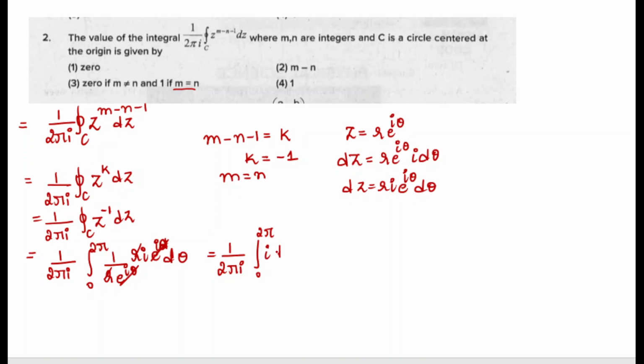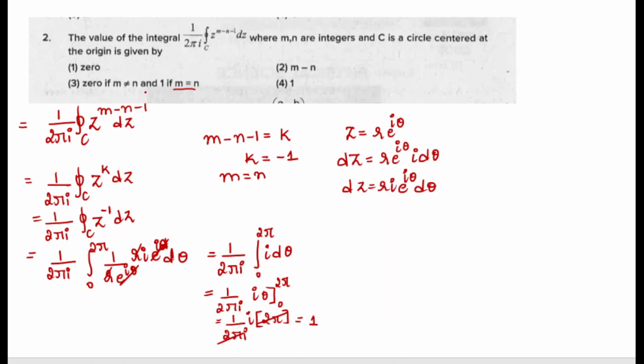If I integrate, I get 1 divided by 2 pi i into i theta, substituting the limits 0 to 2 pi. The 2 pi i cancels, and we get the value equal to 1, right?